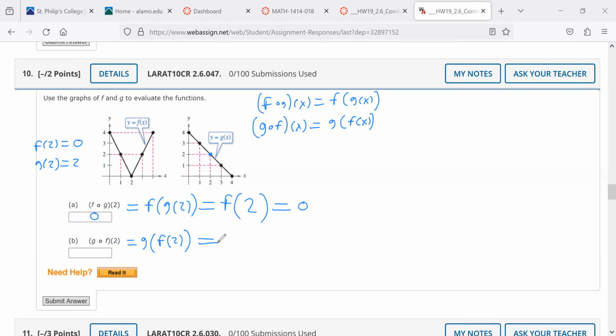Plug in 2 into F, we said that that was 0. So now we have G of 0. What is G of 0? So this is called composition of functions.